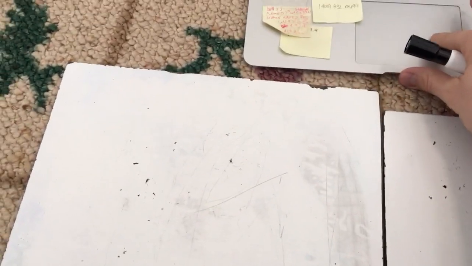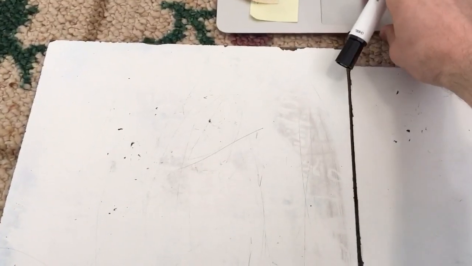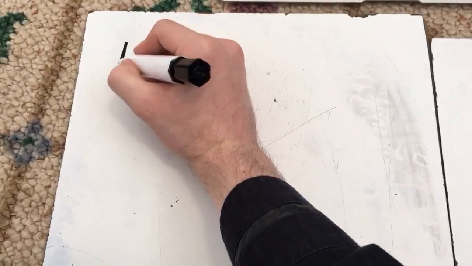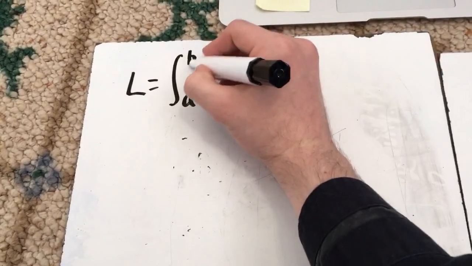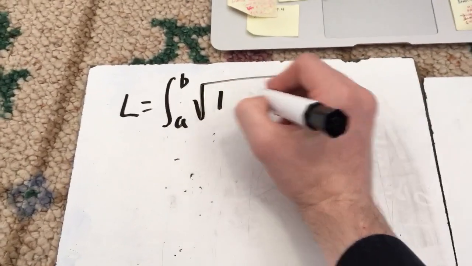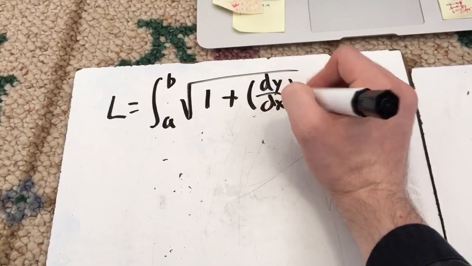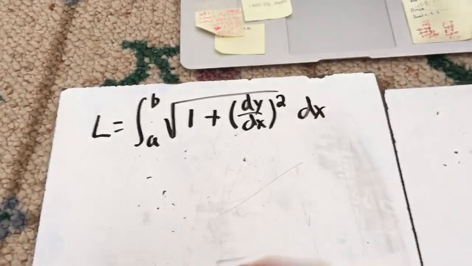All right, so if you remember, our formula for the arc length of a curve, not in parametric form, but in our normal two-variable form, looked like this, right? The arc length was the integral from a to b of the square root of 1 plus (dy/dx) squared dx.